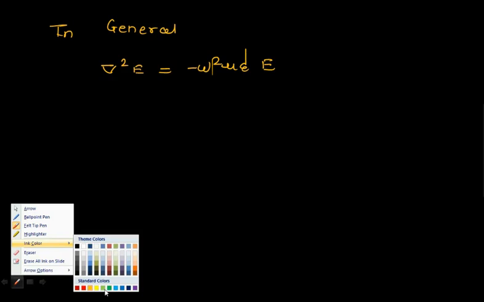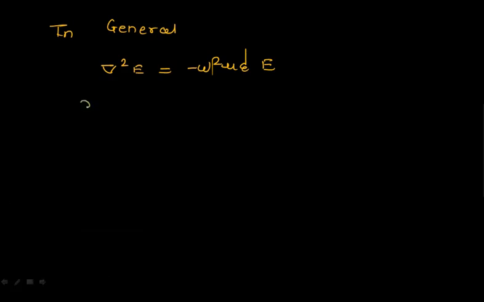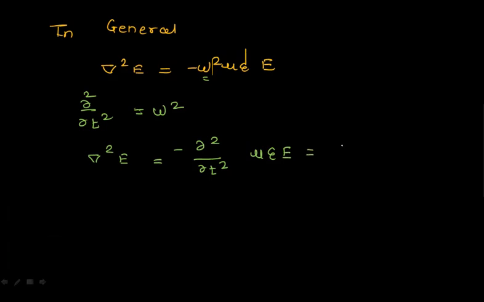If you do recall, d square by dt square is the minus omega square. So I'll replace this with d square by dt square, and then this will be mu epsilon and E. Further simplifying, you will get mu epsilon d square E by dt square.